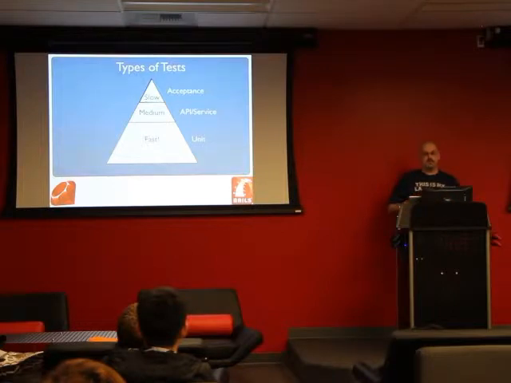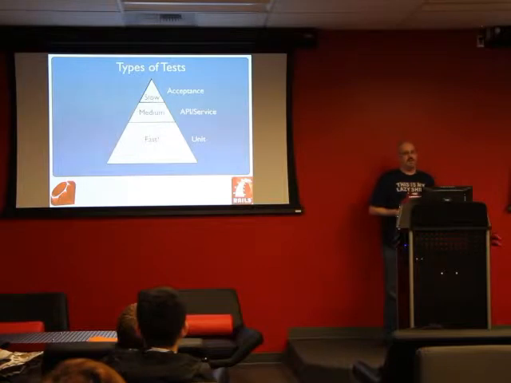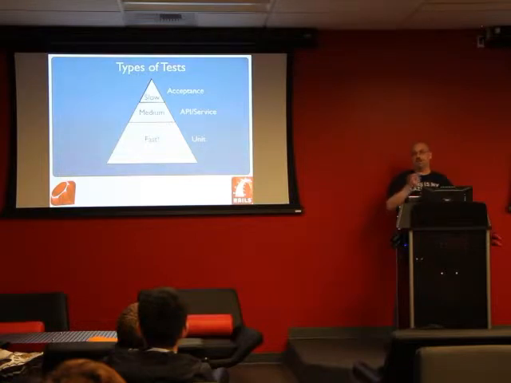So those are still kind of expensive, so you don't want to have a ton of those. And then there's your unit tests, and those can be and should be extremely fast, and you want a lot of those. You want a lot and a lot, because that's where you're going to test out a lot of your edge cases. You don't want to be testing every edge case on the higher level tests, because it's going to take a lot longer.